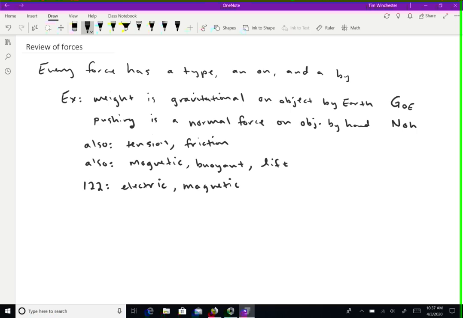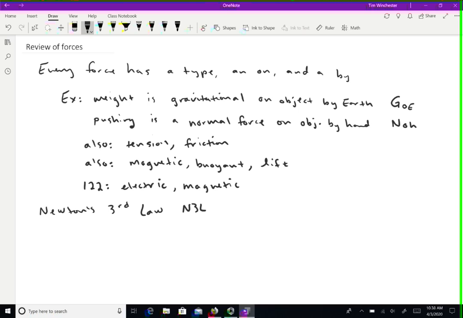Okay, so there are some other properties that forces have. In addition to having a type, an on, and a by, we had several laws that governed how forces operate. One of those was Newton's third law, which I like to abbreviate N3L.